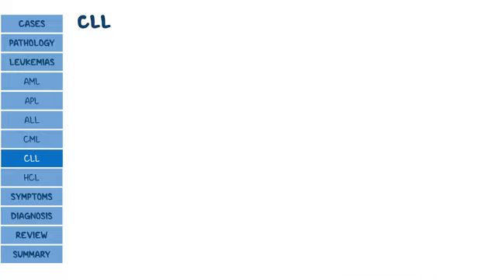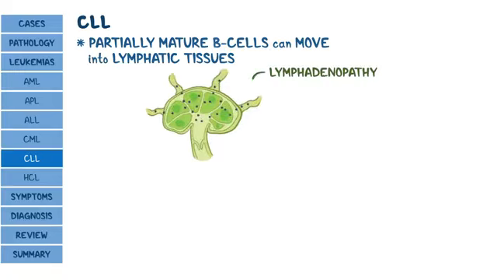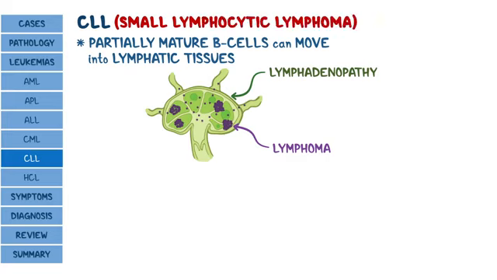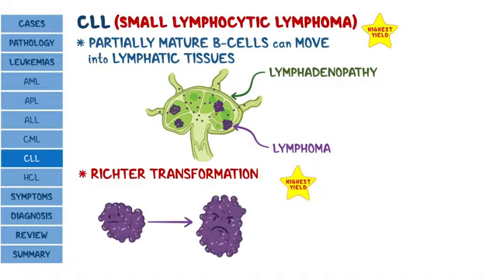Just like with the blast cells in ALL, these partially mature B cells can move into the lymphatic tissues, like the lymph nodes, and cause lymphadenopathy. Eventually, B cells in these nodes will accumulate into distinct masses, or lymphomas, which is why CLL is sometimes called small lymphocytic lymphoma. Further progression might take the form of a Richter transformation, where those small lymphomas transform into an aggressive lymphoma, which is usually diffuse large B-cell lymphoma.